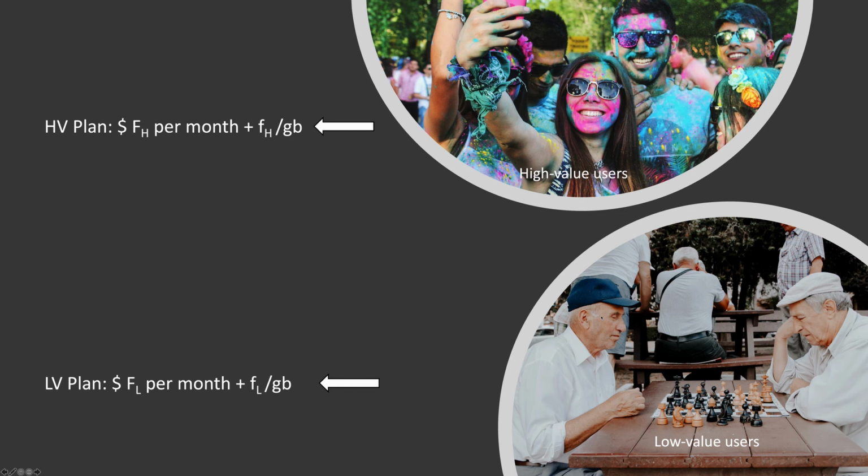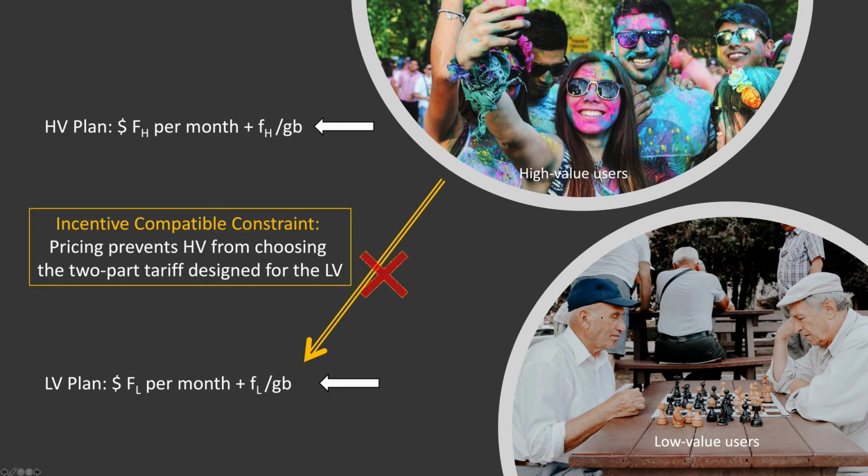The problem we need to address is high value segment might find the low value plan attractive because it's cheaper. If their surplus from the low value plan is higher, then they are not going to choose the high value plan. In order to prevent this switching, we need to address the incentive compatible constraint.